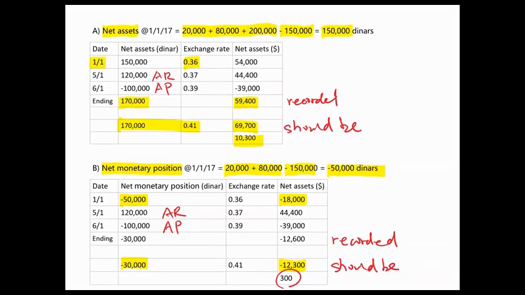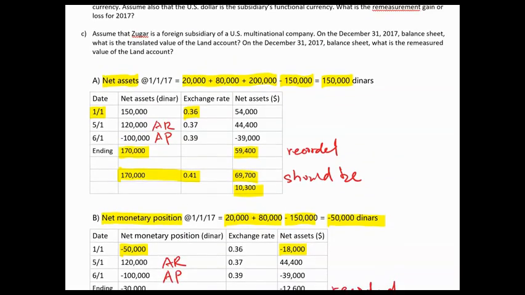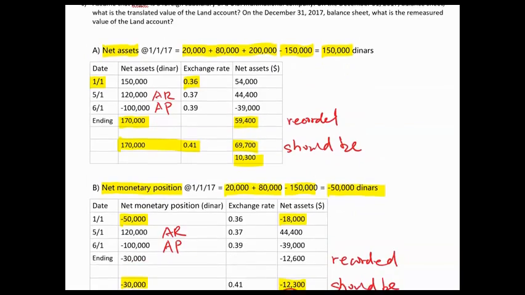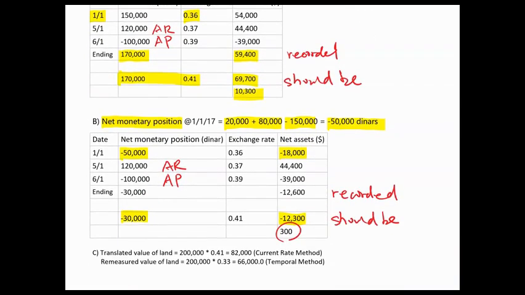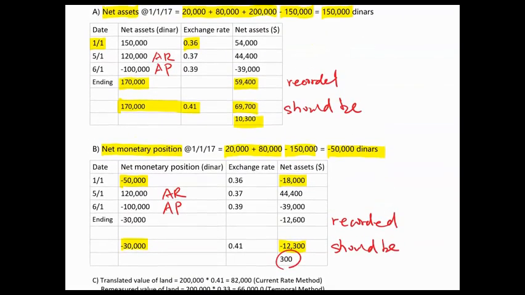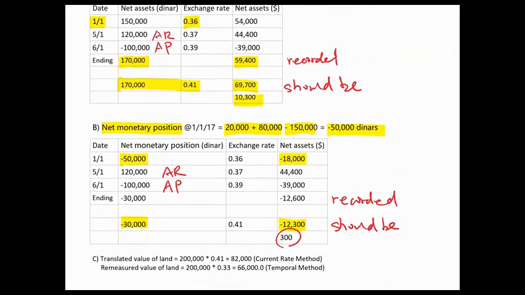Okay, so the last question is, assume that Ruger is a foreign subsidiary of a US multinational company. On the December 31st, 2017 balance sheet, what is the translated value of the land amount? And on that same date balance sheet, what is the remeasured value of the land account? If we talk about the translated value of the land, it means that we are using the current rate method.